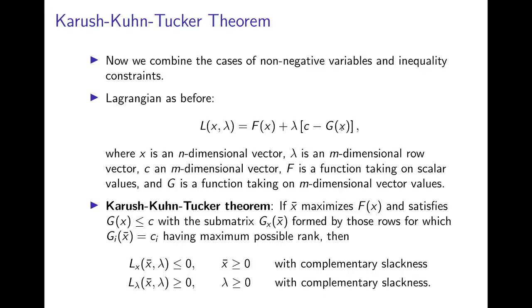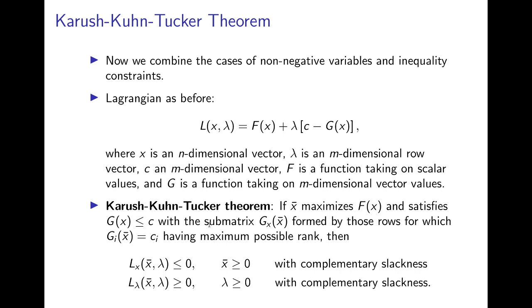Finally, we can combine all the generalizations to the theorem of Karush-Kuhn-Tucker, actually. In this case, we would have non-negativity constraints on the variables and inequality constraints on the side constraints. And of course, we would have many different variables and constraints. So the Lagrangian would look as before with the dimensions that we've already talked about.